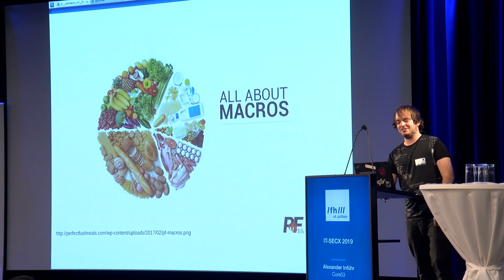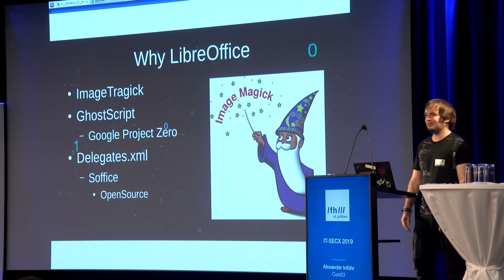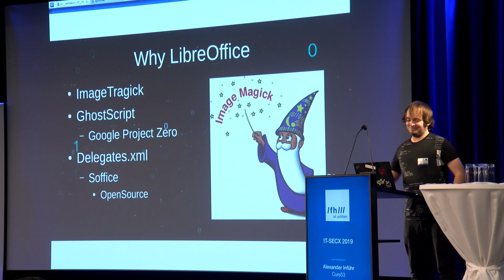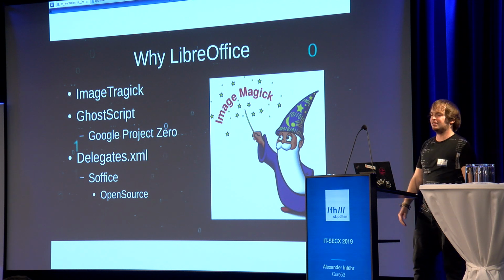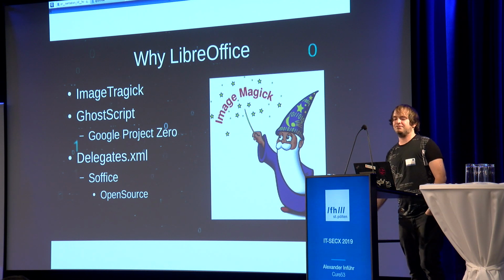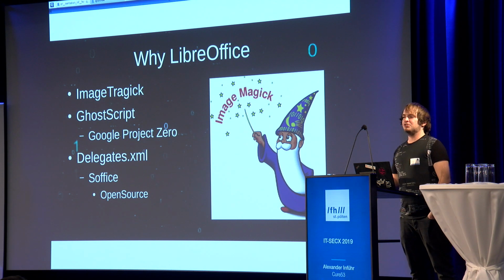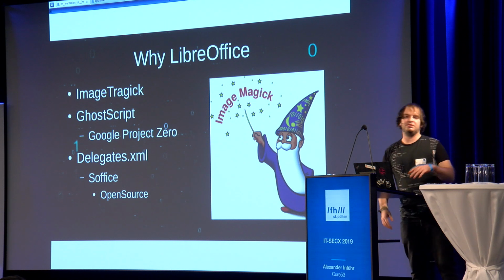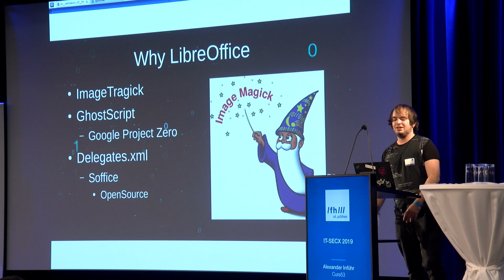So, LibreOffice and macros. Why even spend any time on LibreOffice? It all started with the ImageTragick vulnerabilities, which described quite a lot of cool vulnerabilities in the ImageMagick library, which is used a lot on the server side to convert PDF to PNG or SVG files to whatever.